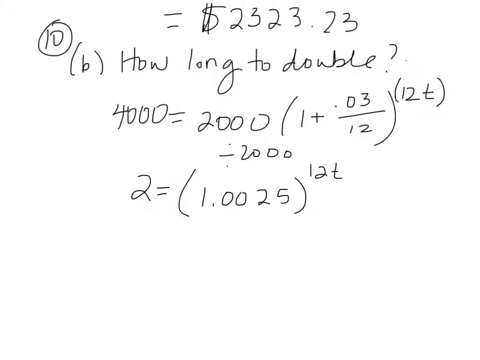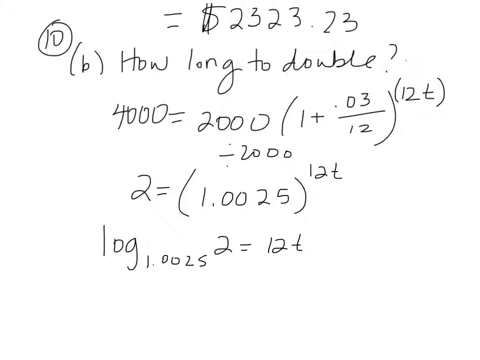Raise to the 12th t. Okay. Now at this point I can switch to logarithmic form. Like I could always do log, my base was 1.0025 of 2 is equal to 12t. So you can switch. Okay. Or you can just take like natural log of both sides or log of both sides, it doesn't matter.